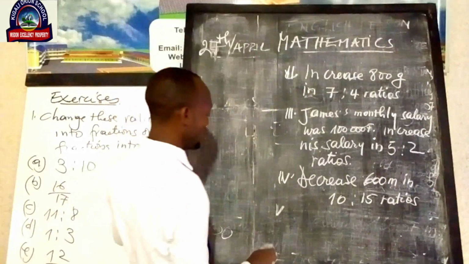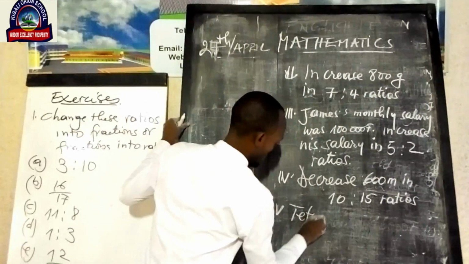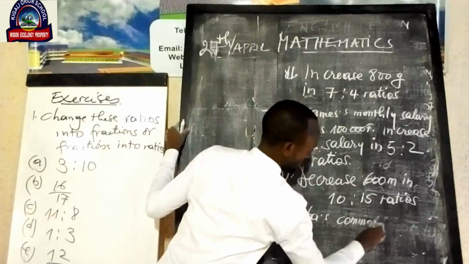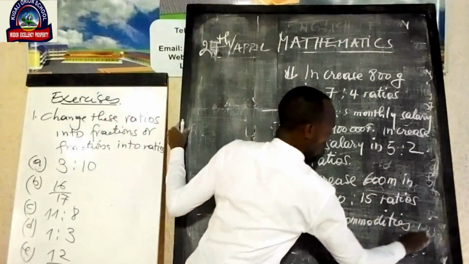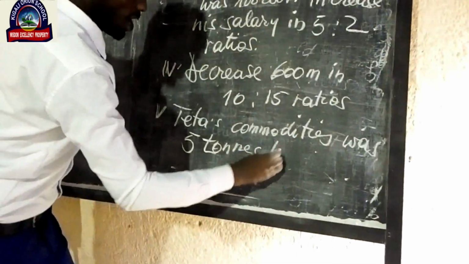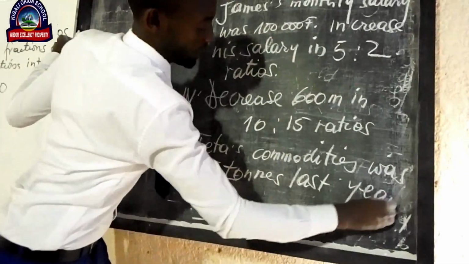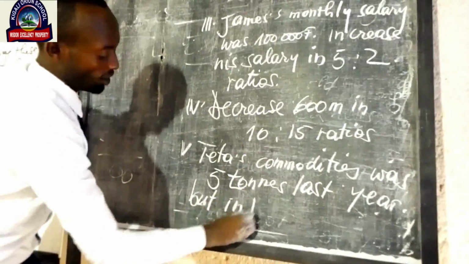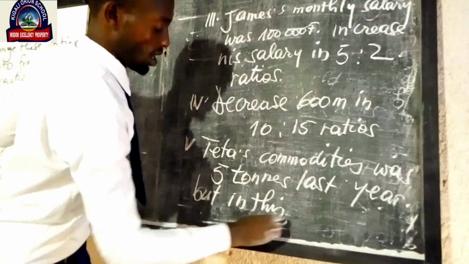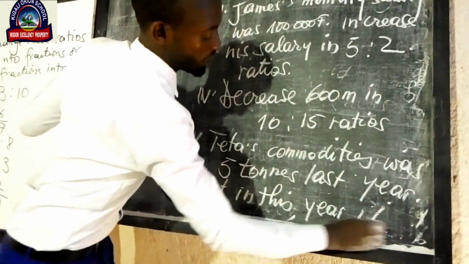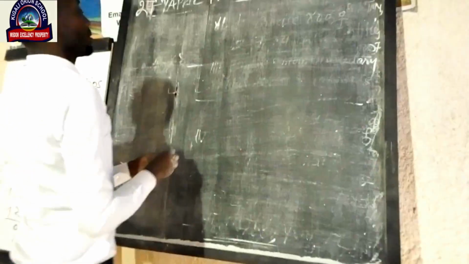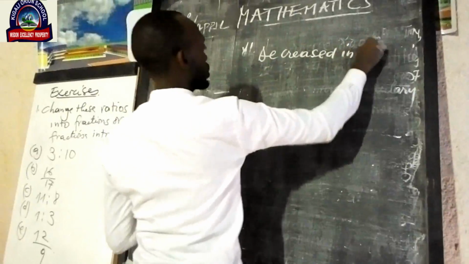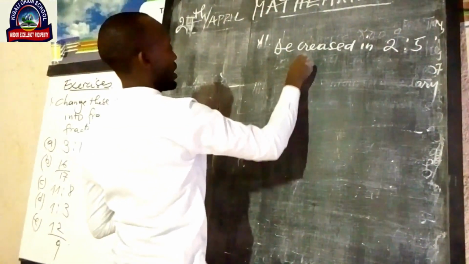Exercise number 5 is Teta's commodity was last year, but this year it decreased in 2:5 ratios.